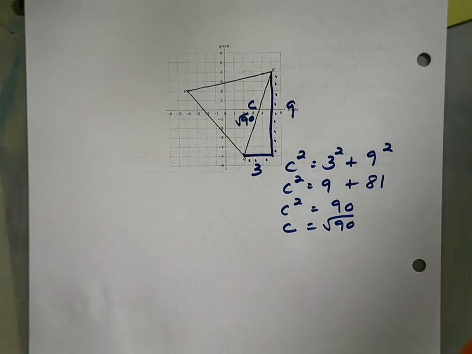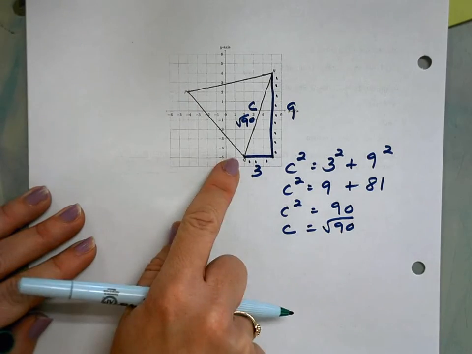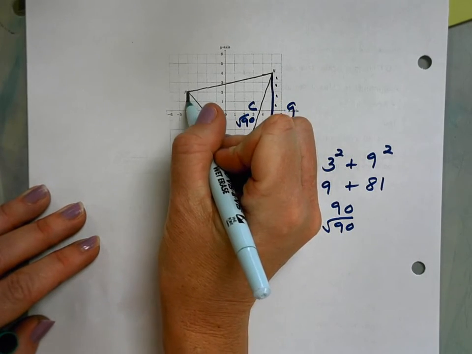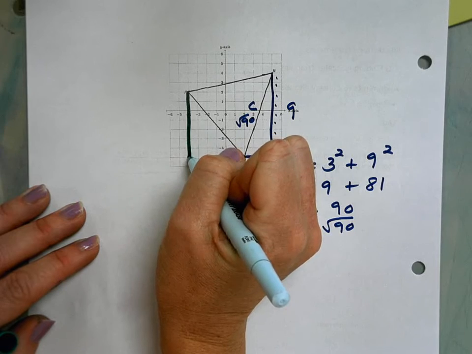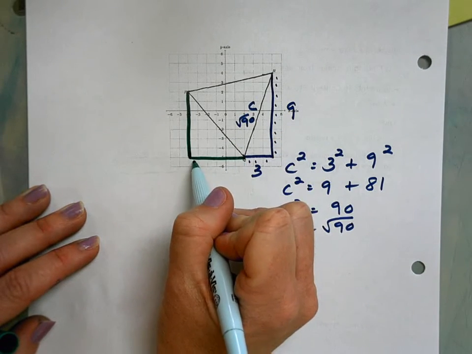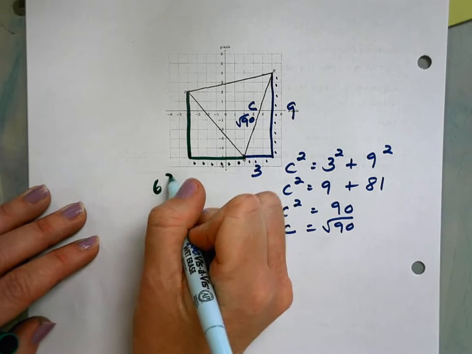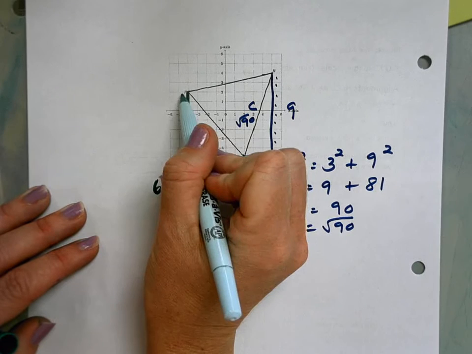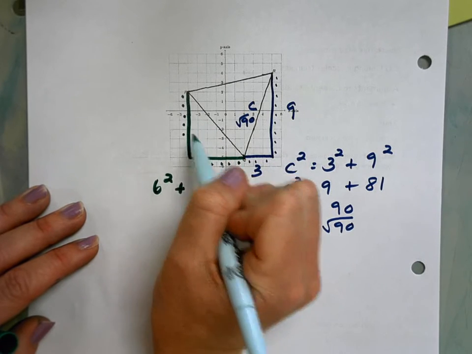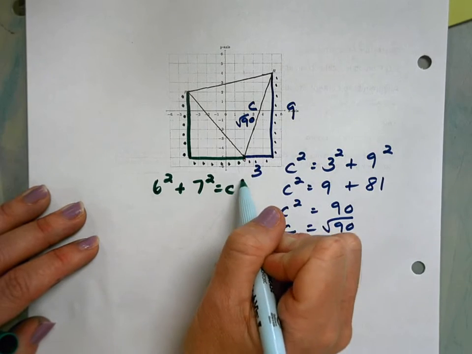Now I'm going to find another side. I want to find this side of the triangle, so I'm going to make it a hypotenuse of a right triangle. And here is that right triangle. It has legs 1, 2, 3, 4, 5, 6, so 6 squared, plus this side 1, 2, 3, 4, 5, 6, 7, 7 squared, and that equals C squared.